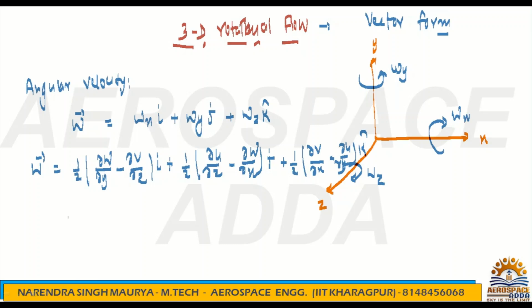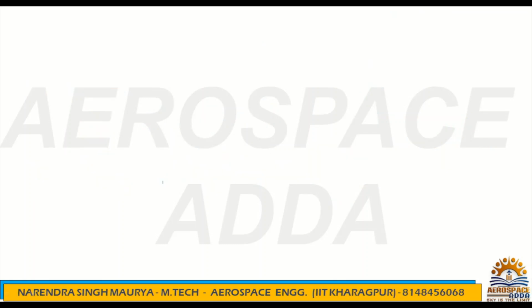Anyway, what is the meaning of this? It means when you will get this value. Now, if you check this complete equation, on the next page I'll show you nicely. So 1 by 2, you can take common.